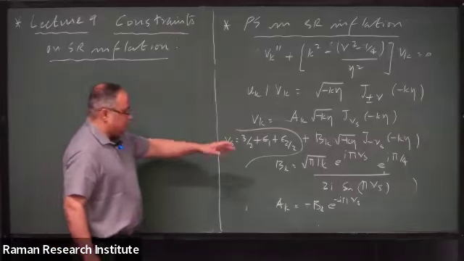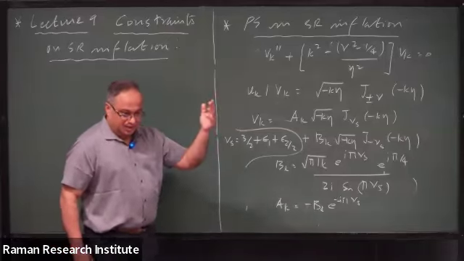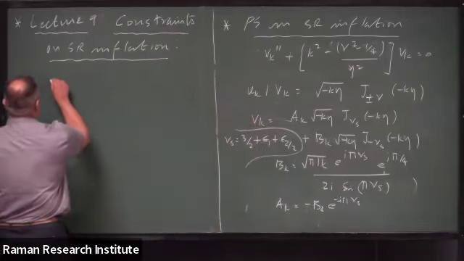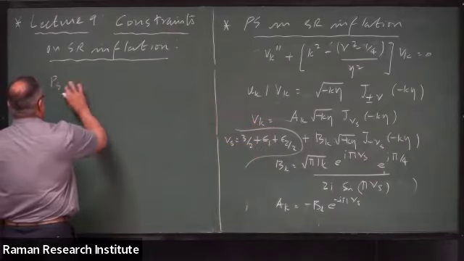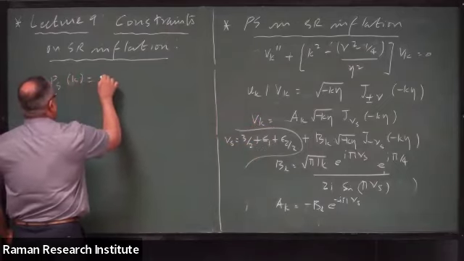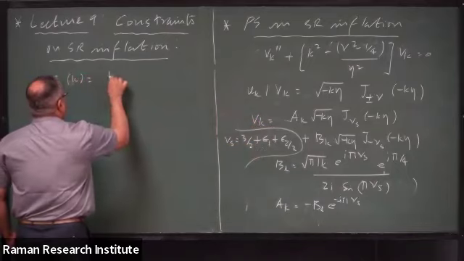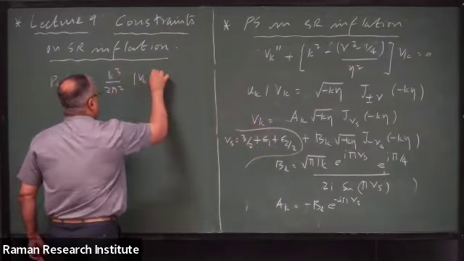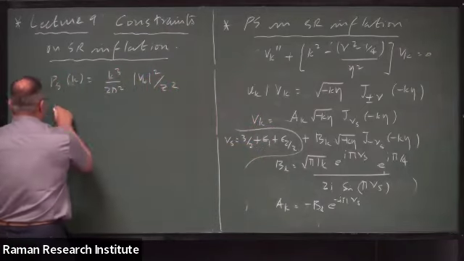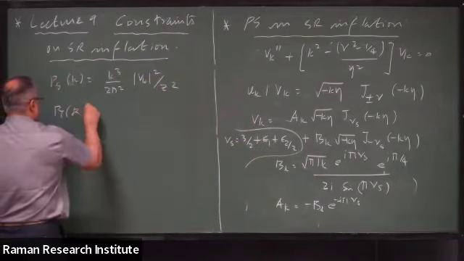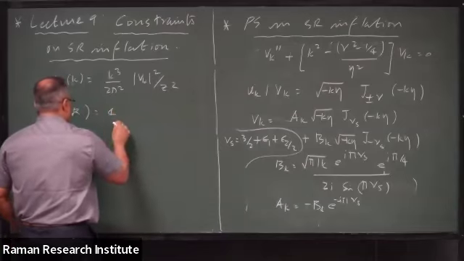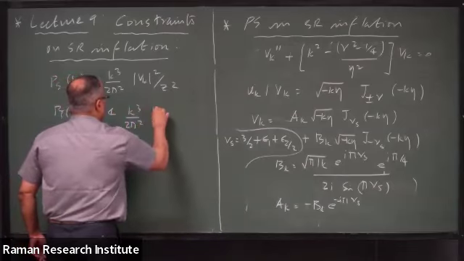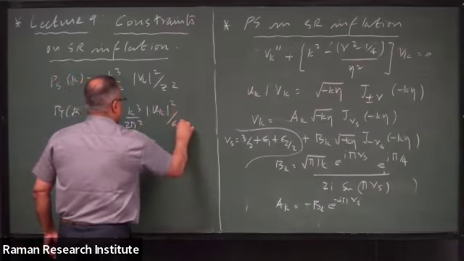Now, what you need to do is substitute into the power spectrum, right? Remember, we had the expression in terms of the power spectra. The scalar power spectrum PS of k was the following: k cubed by 2 pi squared mod Vk by z squared, and the tensor power spectrum PT of k, if I recall correctly, is 4 into k cubed by 2 pi squared into Uk squared by a squared.